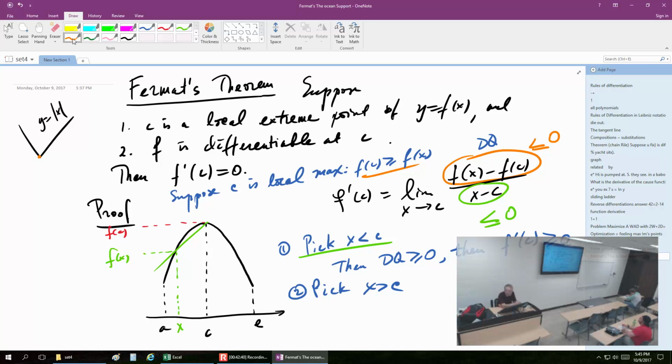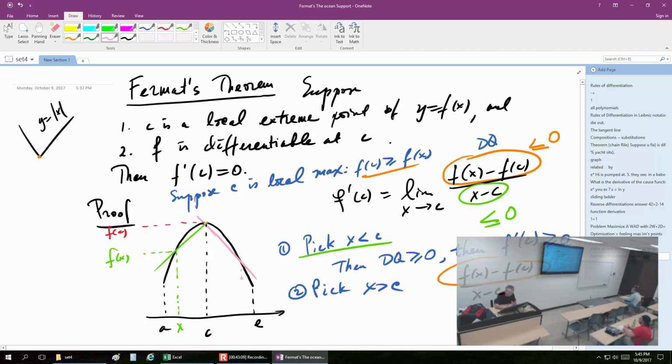So the numerator is still less than or equal to 0. What about x minus c? I still have f of x minus f of c, the same difference quotient, over x minus c. Nothing has changed. Let me plot it for you. Let me pick this one, so I draw it like this.